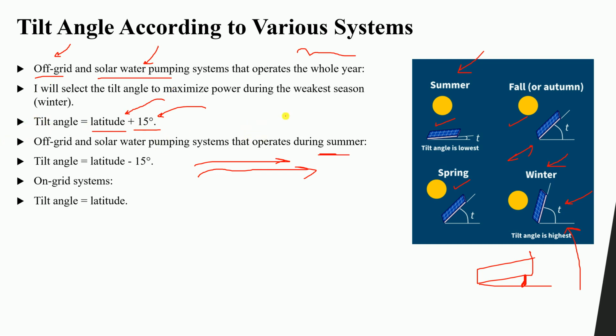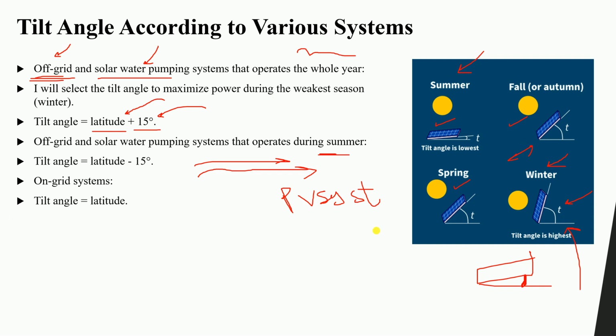If you see the newer versions of the PV system program, which we will discuss in the course, and you are designing an off-grid system, you will find that it gives you a suggestion for maximizing power during winter. If you are designing an on-grid system, it will select the angle that will maximize power through the whole year, which is equal to the latitude itself.